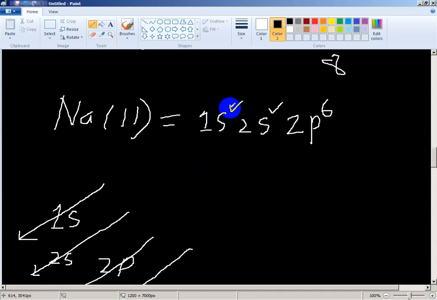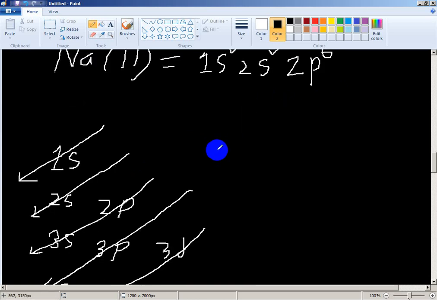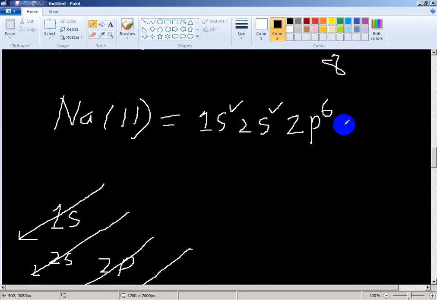Total is 1s2 2s2 2p6, that is 2, 4, and 6, which is 10. For 11, 3s needs how many electrons? One. Good: 2 and 2 is 4, 6 is 10, and 1 is 11. This is the distribution of electrons among the orbitals, and it is called electronic configuration. Have you understood what electronic configuration is?